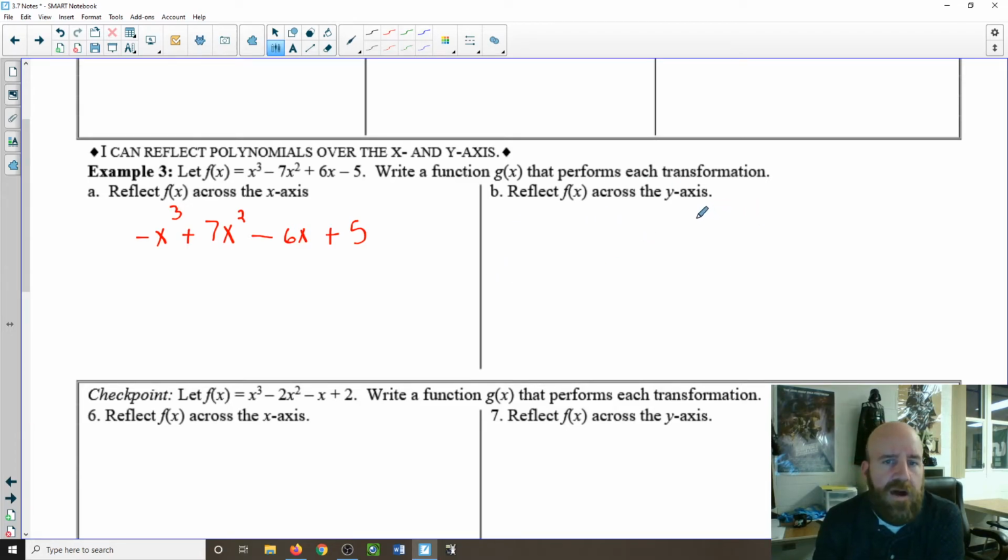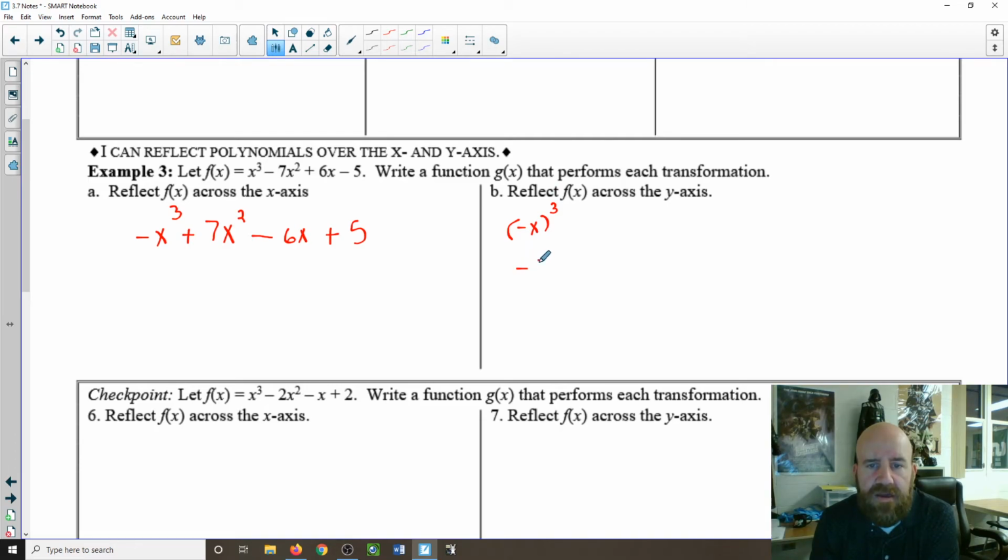Now reflection over the y-axis, we are making all of the x's negative. So let's think about that. I'm going to write that out real quick, so we can skip this step if you can think through this. We have a negative x quantity cubed.